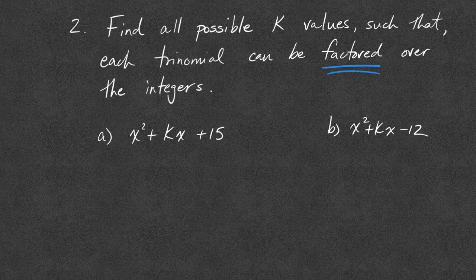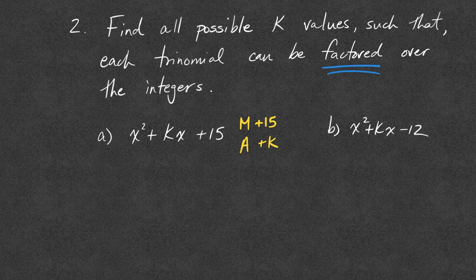Okay, we're back. And if we were to take a look at that and say, I need x squared plus something x plus 15 to be factorable, then really what we're looking for is the beginnings of our little algorithm, our process. You would look at that expression and you would hopefully say, well, if I was going to factor it, then I'm looking for two numbers that multiply to give 15 and add to give k.